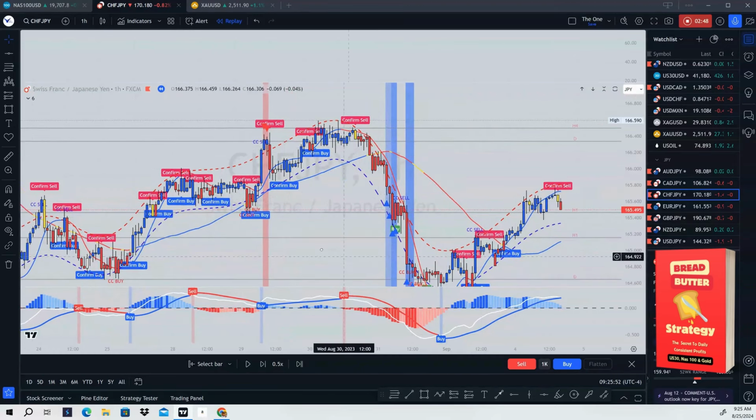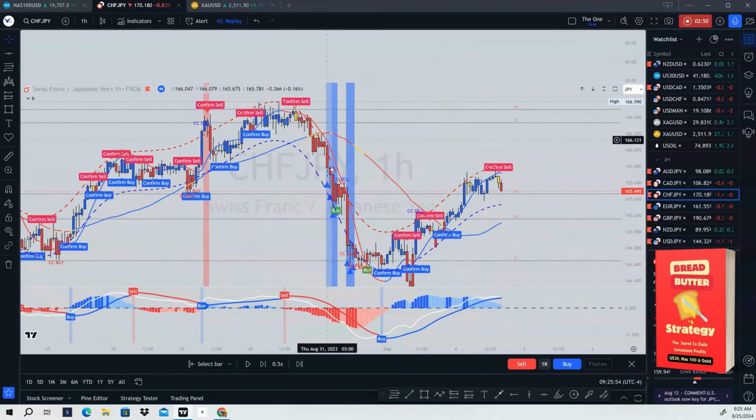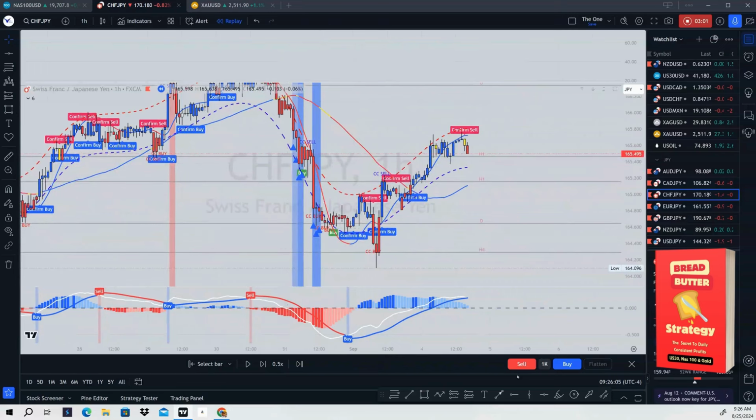Now here on this new bread and butter strategy, we're looking for a high probability spike, and our entrance is going to be on the MACD buy or sell. So in this example here, we had a high probability spike with a CC buy in this area right here. The MACD told us to buy right here on that candle.